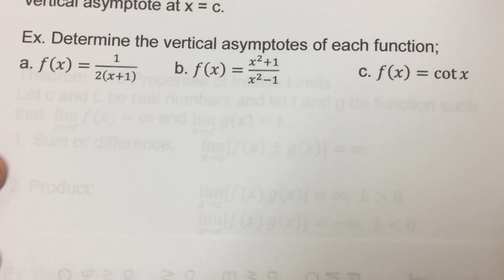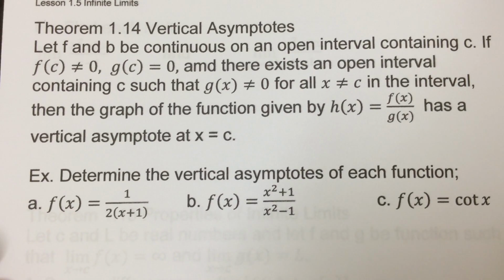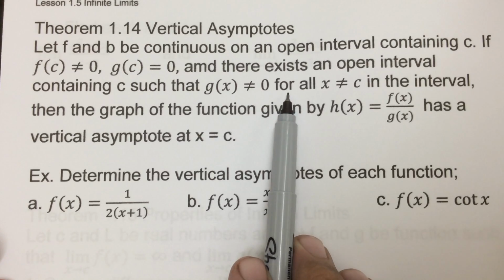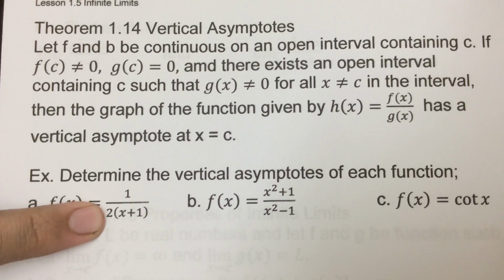Looking at these here, we have another theorem with vertical asymptotes that says whatever makes the bottom equal 0 is what's going to cause the vertical asymptote. So for this one here, what would cause it to be 0?